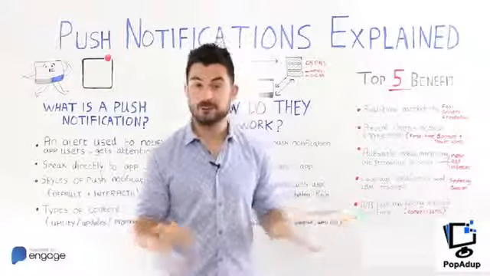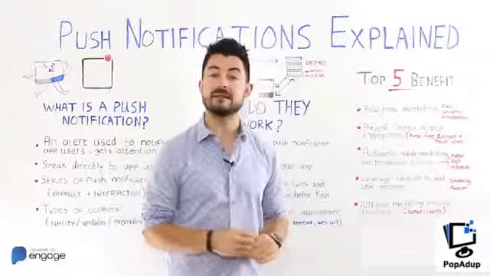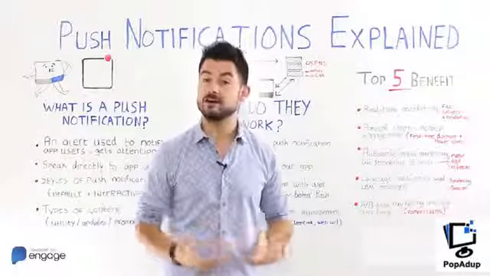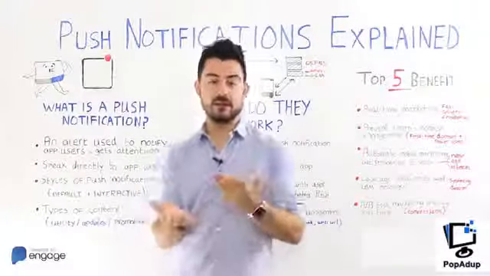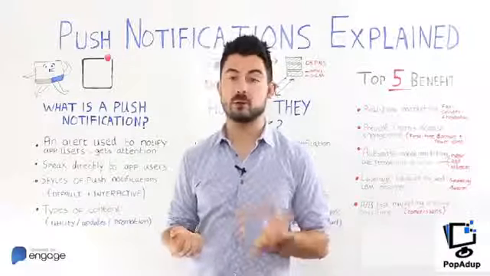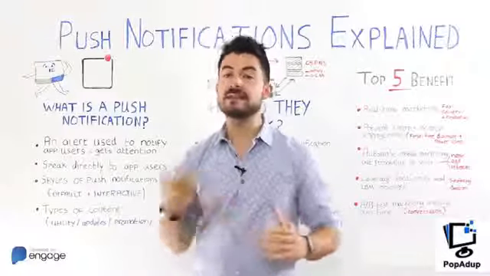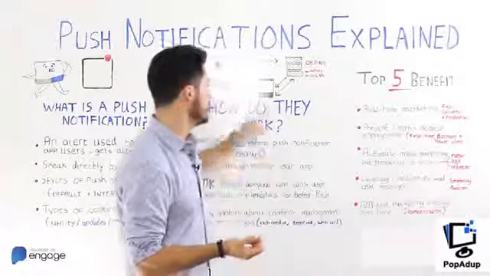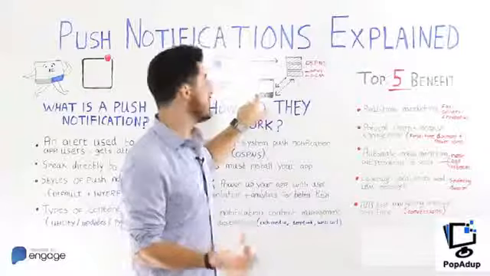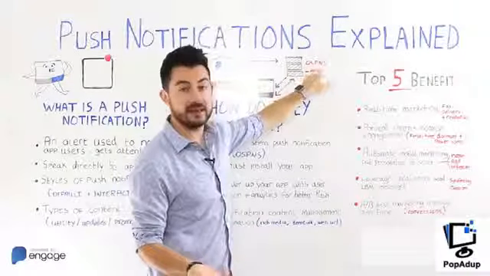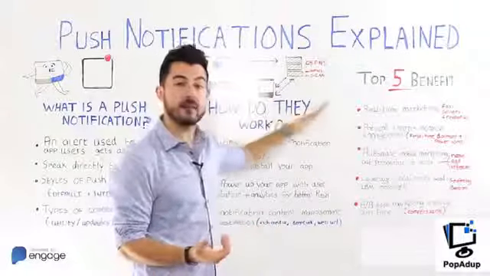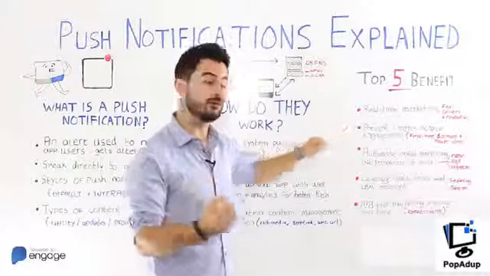So you can't blast people. They need to have the app installed on their device, and they also need to opt in. So when that little screen pops up and says, this app would like to request permissions for push notifications, and you get to say yay or nay, that then releases a device token to the operating system on the phone. And this is what the OS PNS uses to broadcast that notification down, is the device token for the phone.